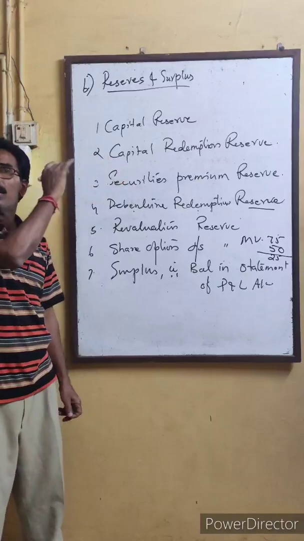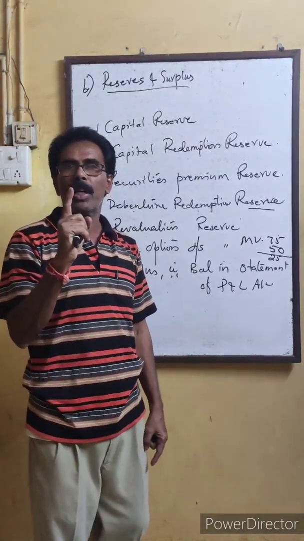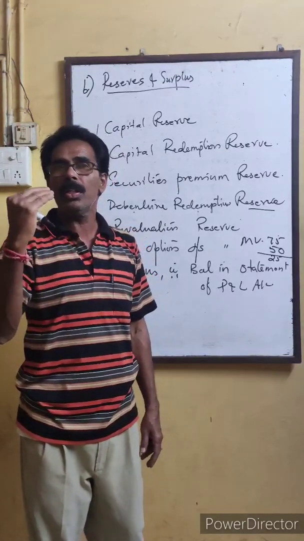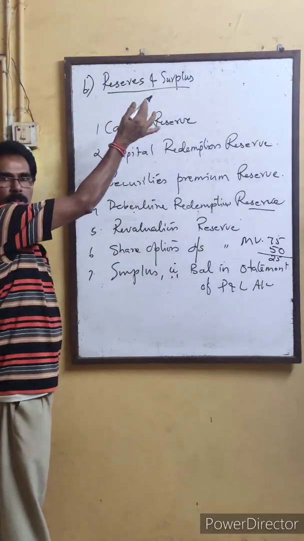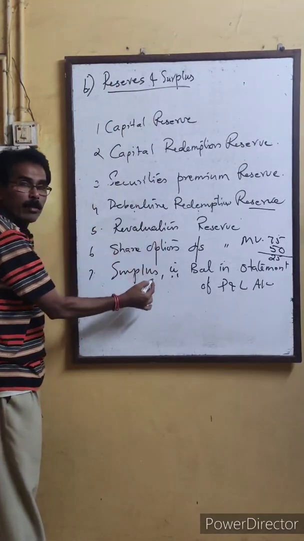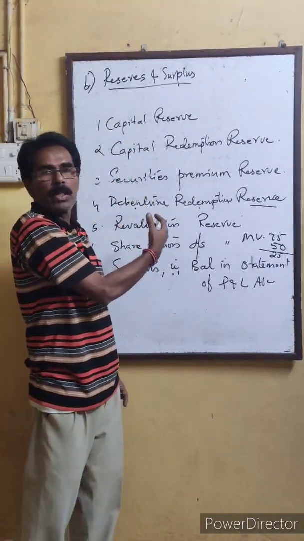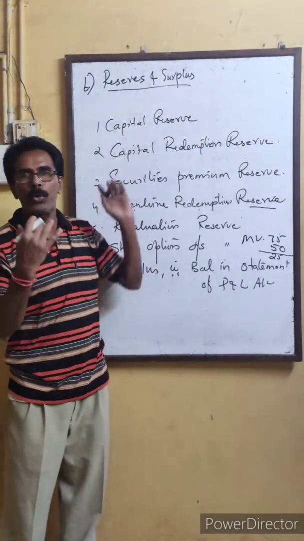The main heading was shareholders' funds, and out of that the first subheading was share capital, and we studied its classification in notes to accounts. Second, B reserves and surplus, under which these items come. If any of these are present, you have to show them separately and explain them in notes to accounts. If it is capital reserve, how it was gained and how much.